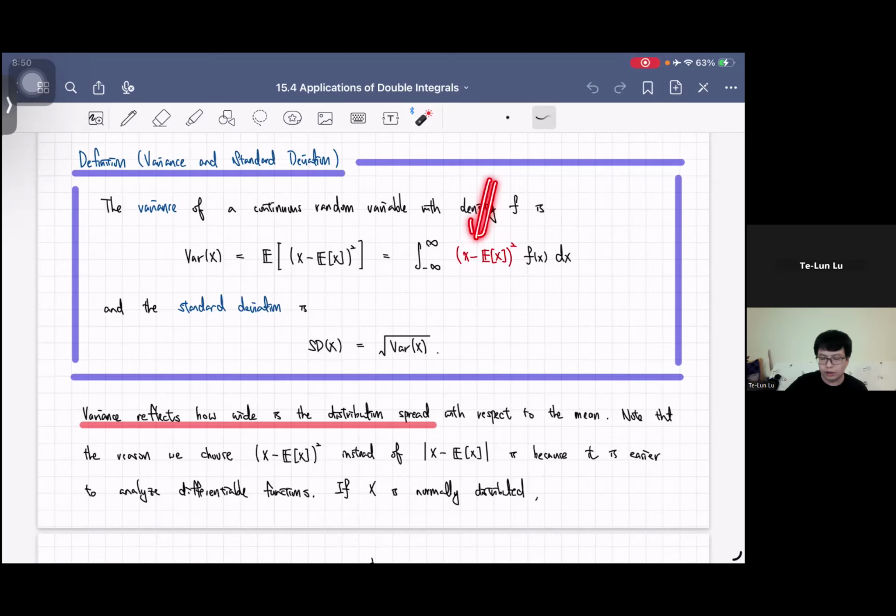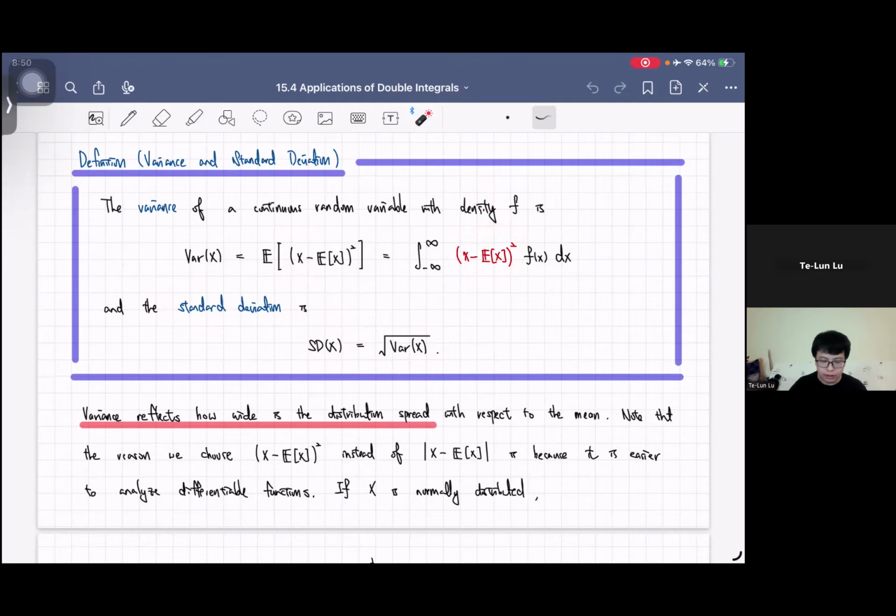So we would like to use the square version. And to accommodate the change of the unit, so for example, if we're doing height, then x has unit like feet or centimeter, right? But now you have centimeter squared or feet squared. So to accommodate that, we take the square root, and we define the standard deviation to be the square root of the variance. In this case, this sx will be of the same unit as x.